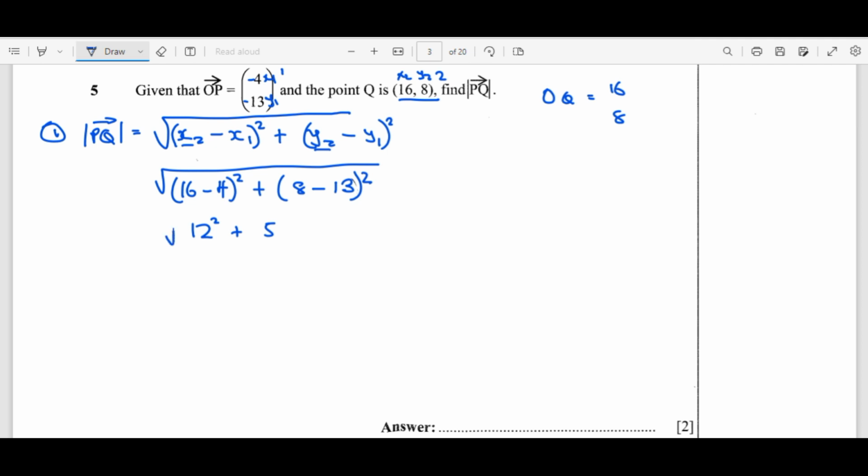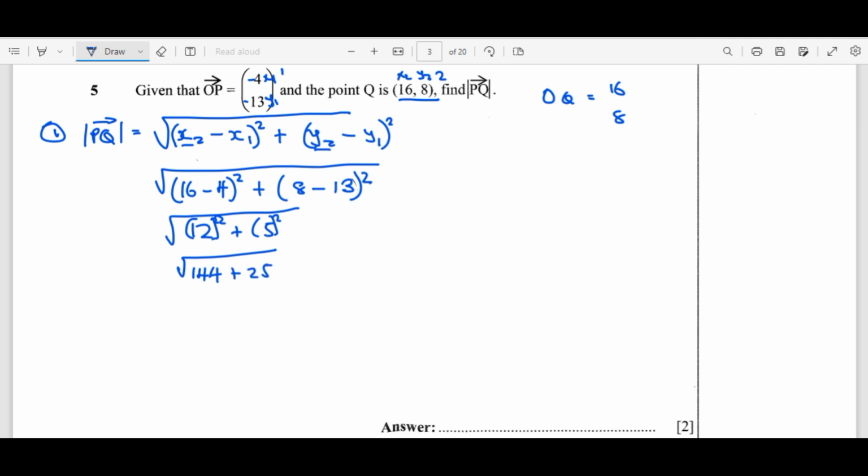So in brackets, the 12 squared will give us 144, plus this one will give us 25.